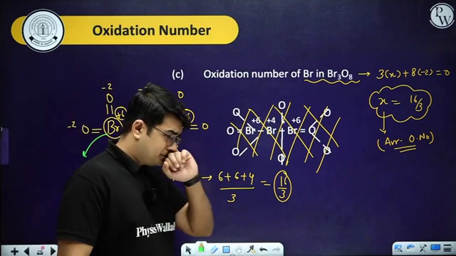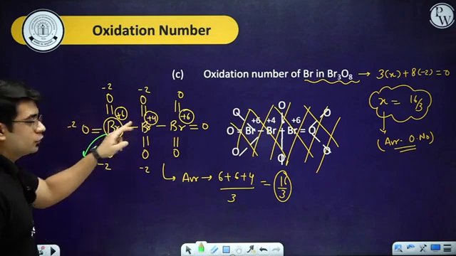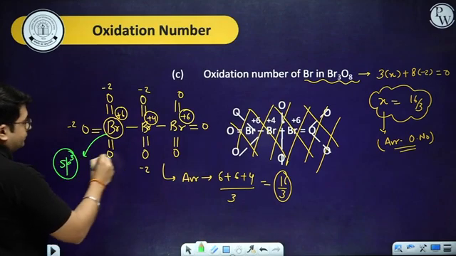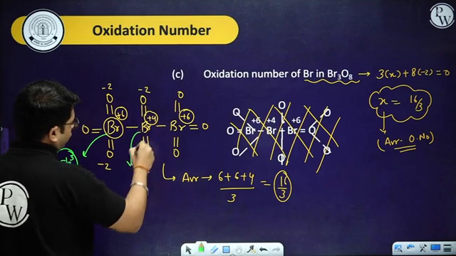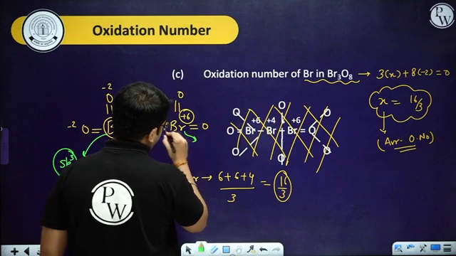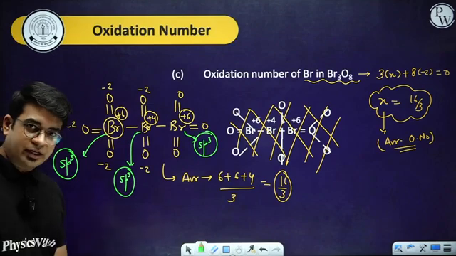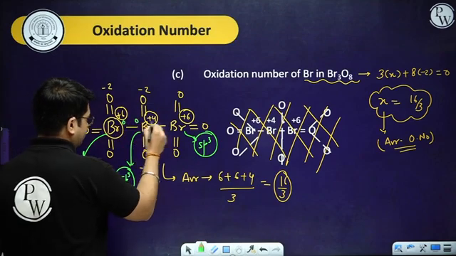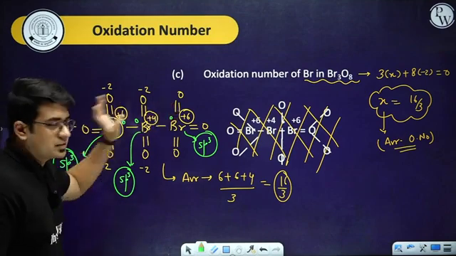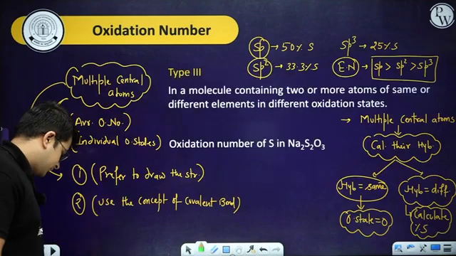Okay. So basically in this particular case, if you calculate 1, 2, 3, 4, 4 sigma bonds are there, no lone pair, so that will be sp3 hybridized. In this particular case, 1, 2, 3, 4, 4 sigma bonds, sp3 hybridized, no lone pair. In this particular case, 1, 2, 3, 4, again sp3 hybridized. So again charges with respect to each other will be 0, 0 and 0. Total charge is 6 plus 0, 6, 4 plus 0, 4, 6 plus 0, 6. So that is the basic idea of this entire rule. Just have a look at it.